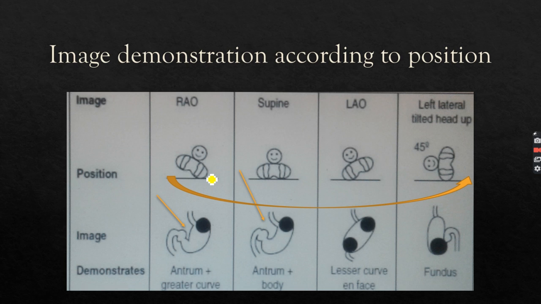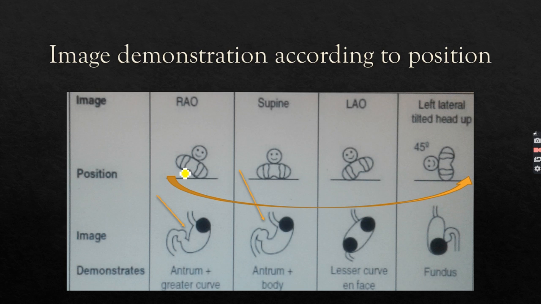Which part is going to be clearly visible in which position? I've taken this picture from the internet and it is demonstrating very clearly, I must appreciate, that if we want to demonstrate the antrum and greater curvature of the stomach of any patient more clearly, the position of the patient should be like this, right anterior oblique. Why right anterior oblique?